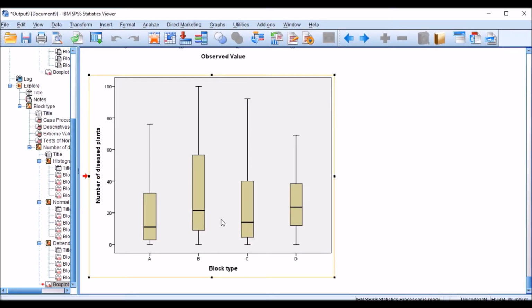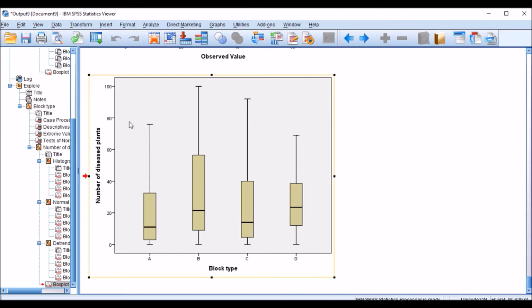If you see this graph, we understand that B has a complete range from 0 till 100. That's what we said: 0 is the minimum, maximum 100. A has minimum 0, maximum 76. Its median is 11, whereas this median is around 22.